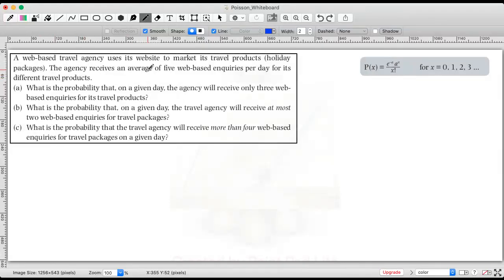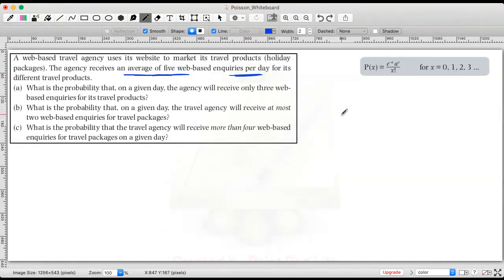A web-based travel agency uses its website to market its travel products, which are holiday packages. The agency receives an average of 5 web-based inquiries per day for its different products. So you're given an average, and that average is based on a time interval, that is per day.